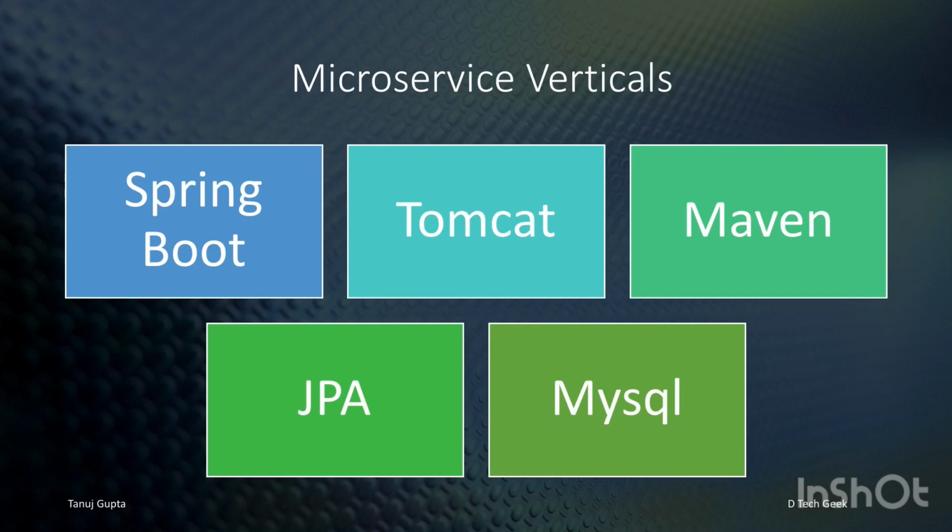Now coming to the microservice verticals, I have chosen Spring Boot, which is an open source Java based framework. With the help of this framework, one can easily create standalone and production ready applications very quickly. You can go for other frameworks like Dropwizard or Play.